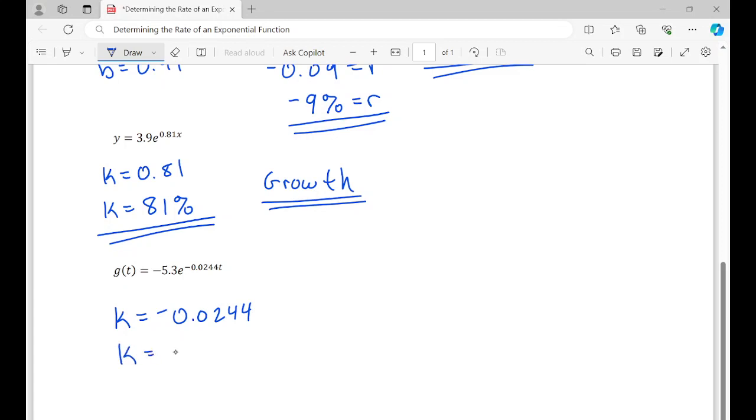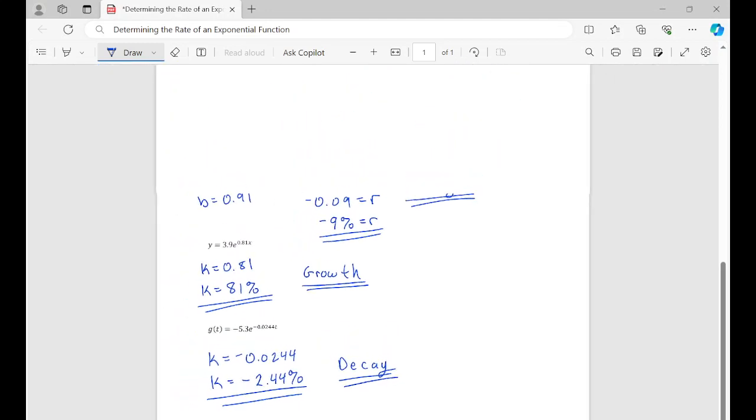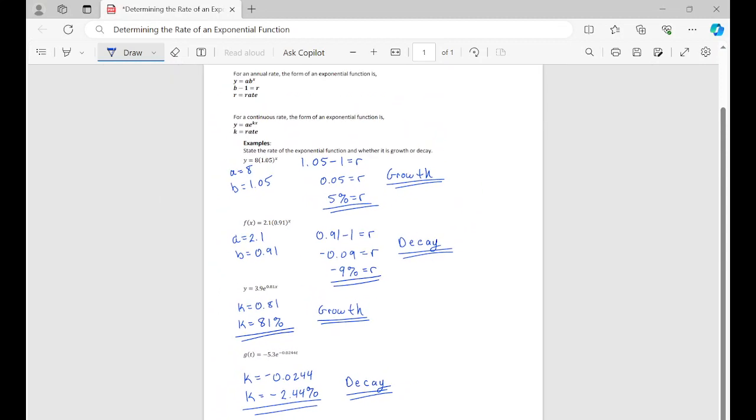So k equals negative 2.44%. Since k is negative, we can say that this is a decay equation. And here is how you would tell, using annual and continuous rate forms, to find the rate for each one.